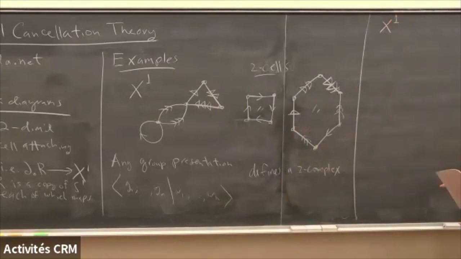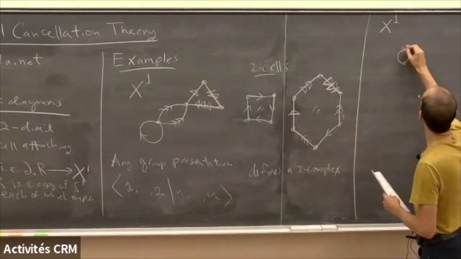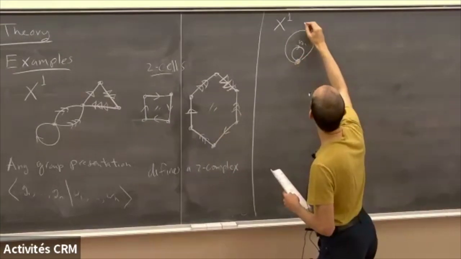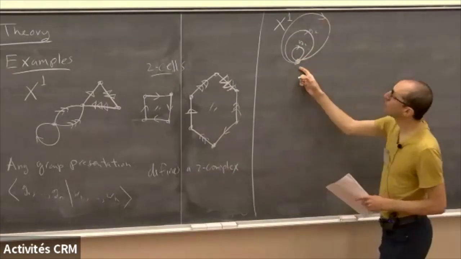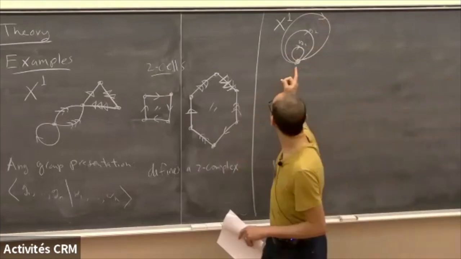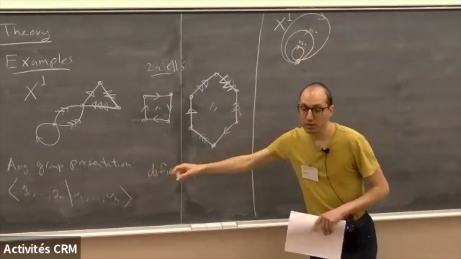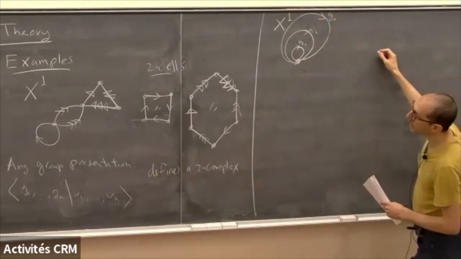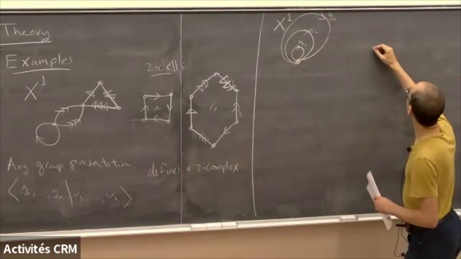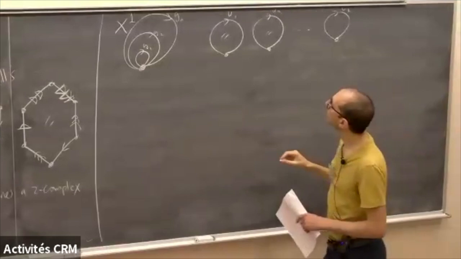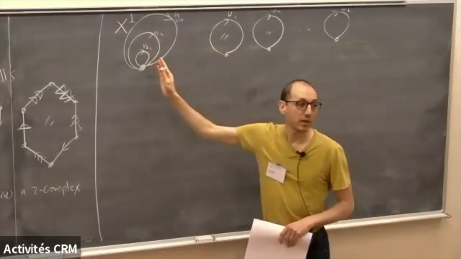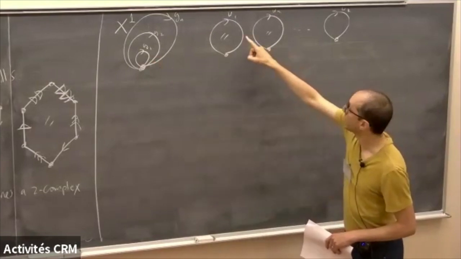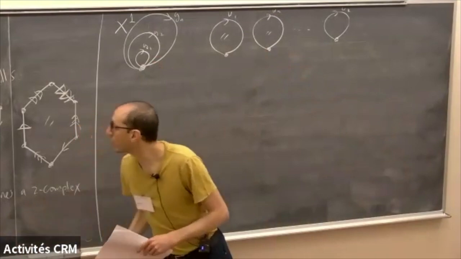The one skeleton, the underlying graph, looks like this. We have a bouquet of circles. So it's a graph with a single vertex and as many loops as there are generators. And for each relator, we add a disk. Okay, and the disk is glued into the bouquet of circles along the corresponding word.